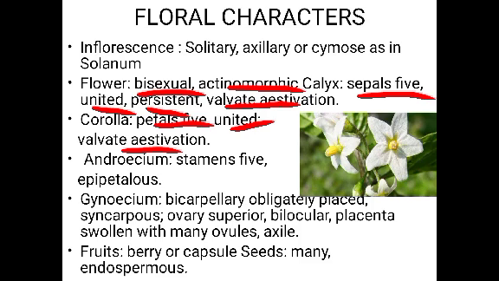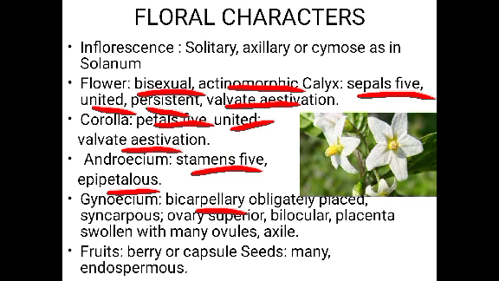Now when we see androecium, stamens are 5, and epipetalous. What is epipetalous? Stamens are attached to the petals. Now when we see gynoecium, bicarpellary. How many carpels are there? 2 carpels are there, and obliquely placed. Obliquely means in a slightly slanting manner. That is, in a diagonal plane it is placed.